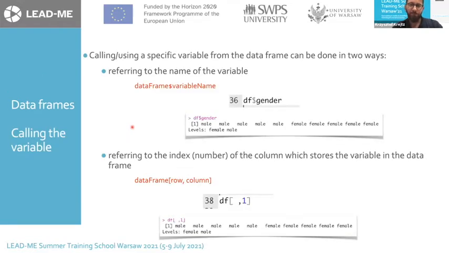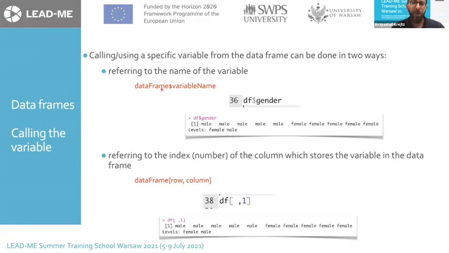Okay, so let's say that we loaded the data frame into our R session, and we can use variables from this data frame, calling a specific variable from a specific data frame. You have at least two basic options to do it.